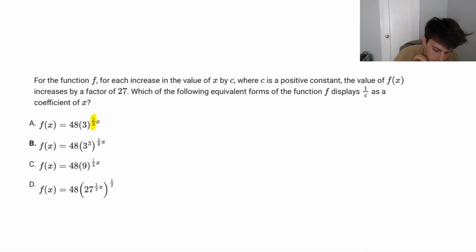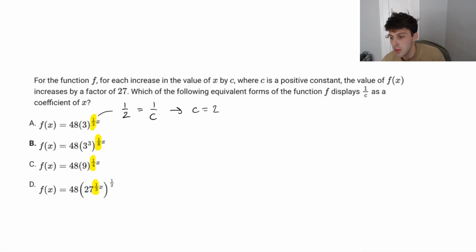Okay, so if I look at my different possible solutions here, I can see the coefficient on the x. The coefficient on A, for example, is a half, well, this would be 1 over c, right? So this means that for option A, c would be equal to 2. So let's try to put some numbers to this, make it make a bit more sense.